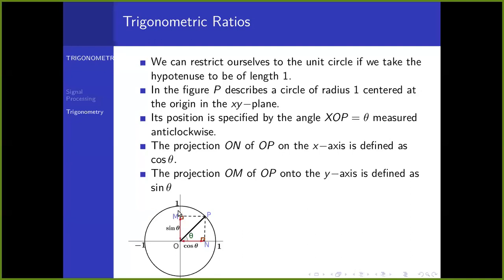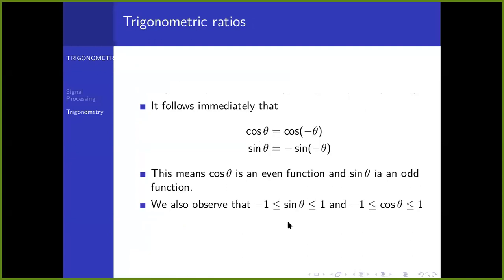It will be exactly the same length as the sine of theta, but on the negative side. So the sine of minus theta is the same as the negative of the sine of theta. For those who are familiar with functions, this means that the cosine of theta is an even function and the sine of theta is an odd function, but that's not so important. We won't need that now, but it's useful information.